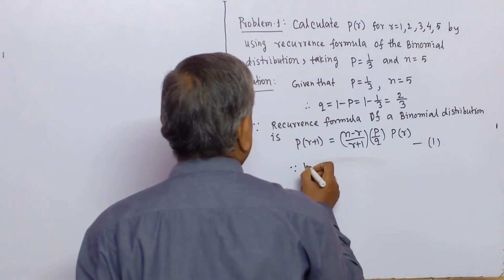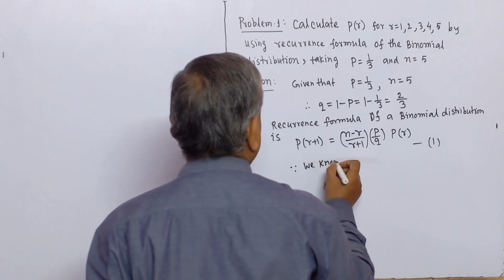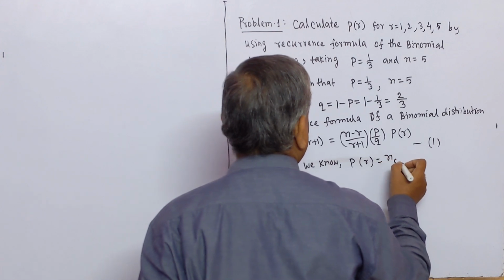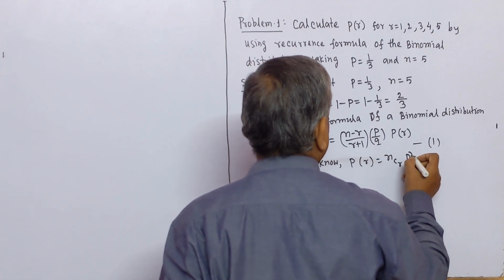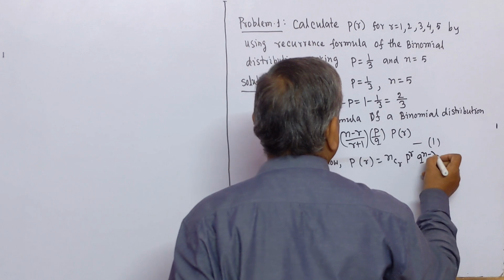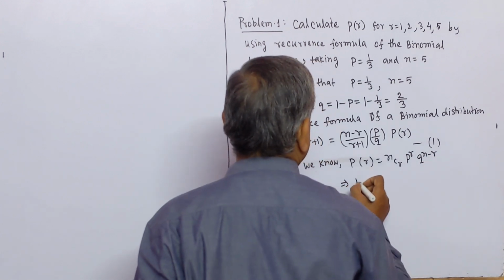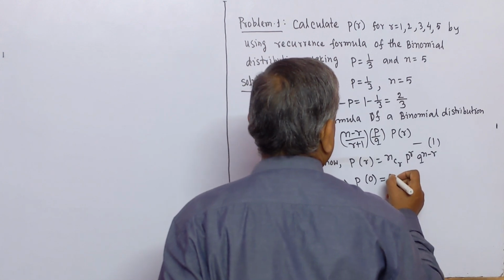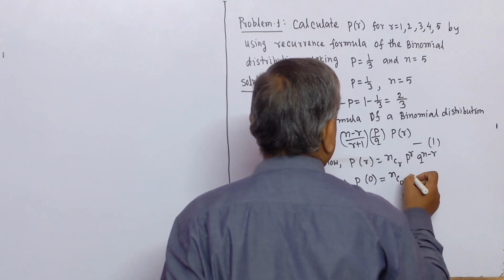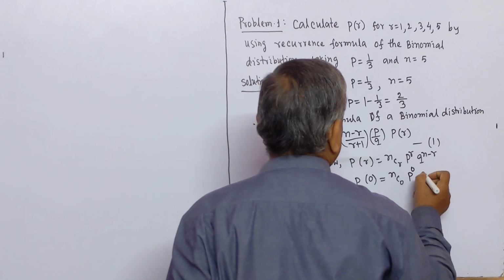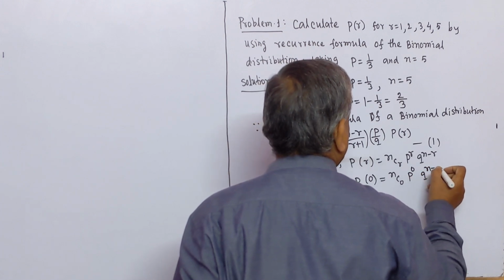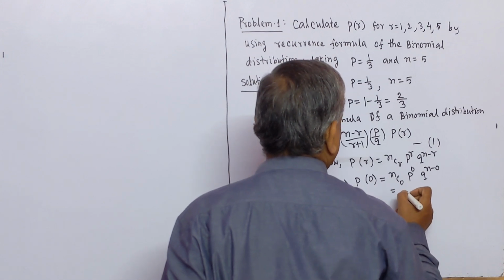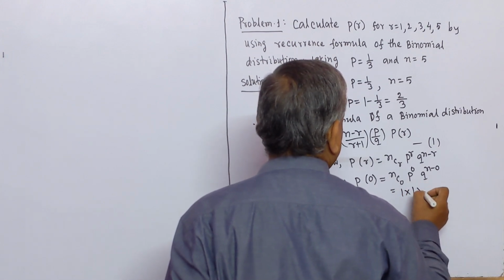Since we know P(r) equal to nCr, p to the power r, q to the power n minus r, implies that P0 equal to nC0, p to the power 0, q to the power n minus 0. nC0 is 1, p to the power 0 is 1.